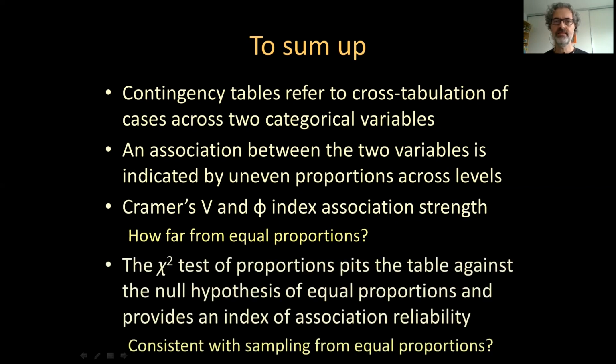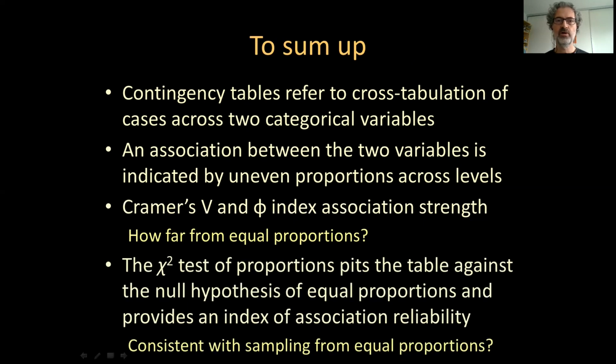The chi-square test of proportions answers a very different question. The question that the chi-square test answers is, are my observations consistent with sampling from equal proportions? It's important to realize this is a very different question. And the difference between these two questions depends mostly on sample size.